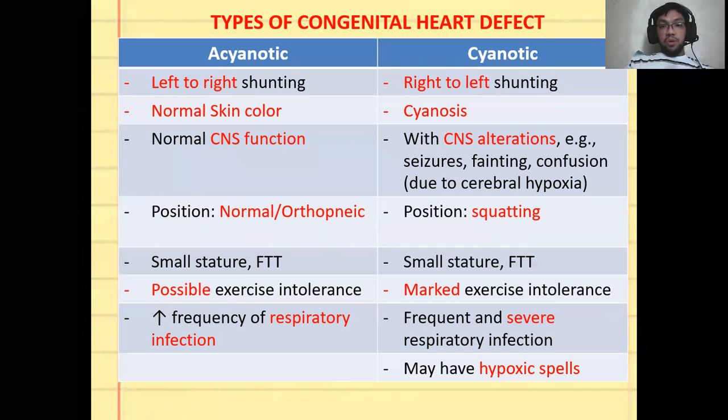Now, due to the CHDs, either acyanotic or cyanotic, they can have failure to thrive. That's why they have a small stature. They cannot maintain the growth due to the CHD. So it's expected that the growth of these infants is somehow slow or regressed.